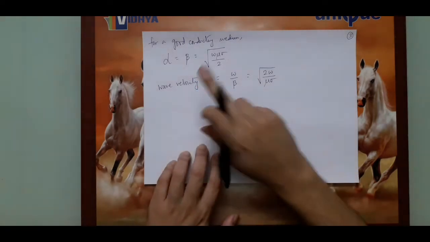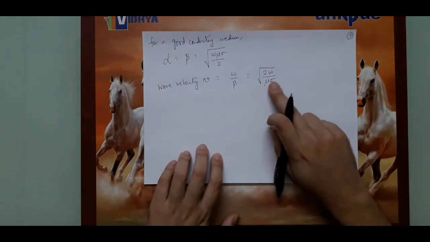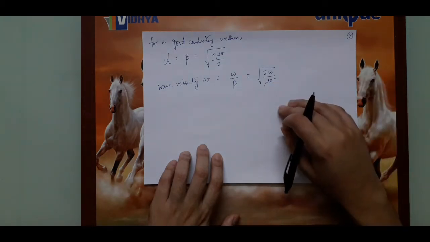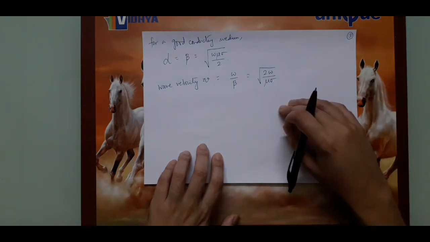We can see that the wave velocity is a function of the permeability and the conductivity. Since conductivity is much more than the epsilon of the medium, that does not really come into the picture over here.